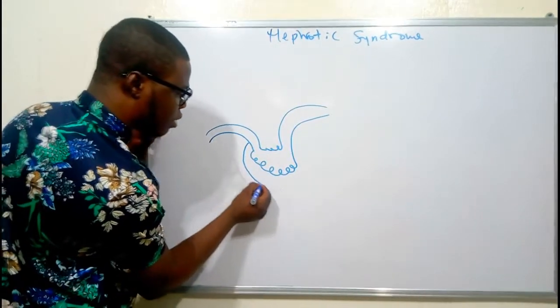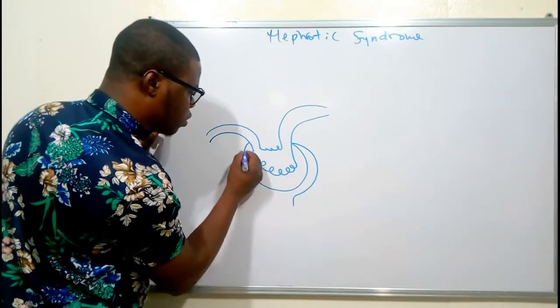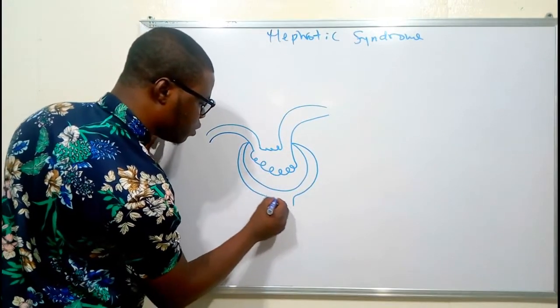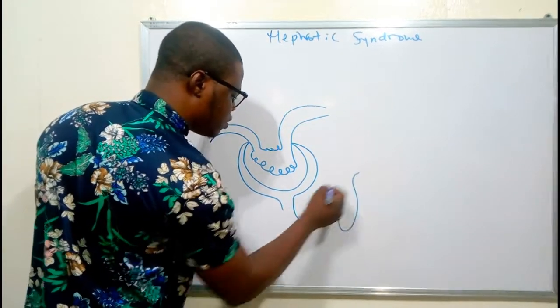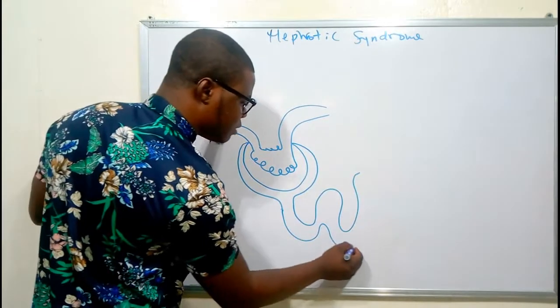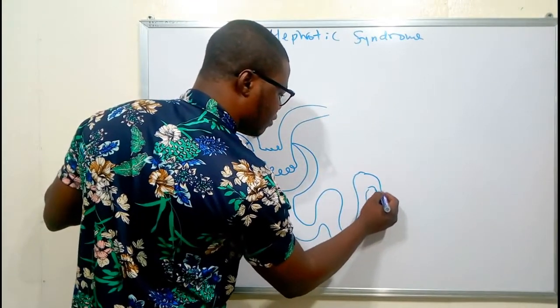Right here we have our glomerular capsule, also called the Bowman's capsule. And we have the proximal convoluted tubule. Then we have our loop of Henle.